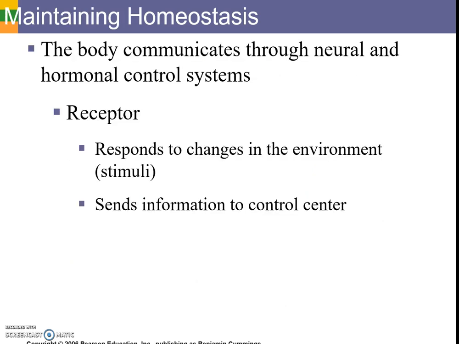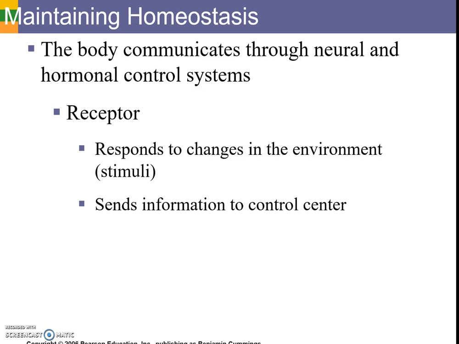Briefly, one of the major parts of homeostasis is having receptors. These receptors are either going to be part of our neural system, through nerves and neurons, or part of our hormonal control systems that come from our glands but also work with our nervous system in a lot of ways.